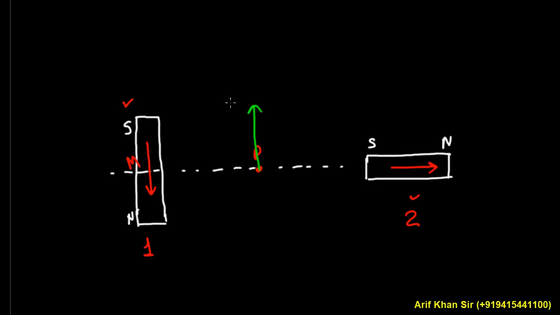So this is the magnetic field due to the first one, and for the second it will be along the dipole moment, that is in that direction. So we have two magnetic fields, suppose this is B1 and this is B2, so their resultant magnetic field will be, from the parallelogram method of vector addition, along this direction. So this is the answer.